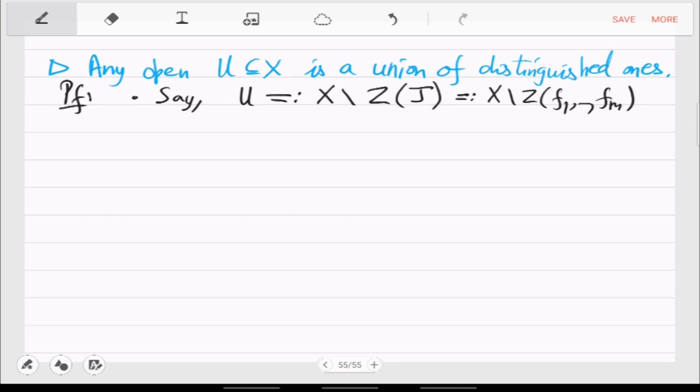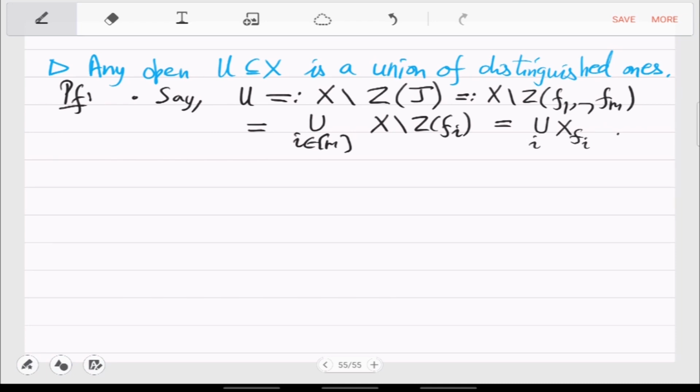And so another way to write this is, see, the zero set is an intersection, so the complement is a union. So you write it like that. So it is the union of X minus Z(fi), which is union of X sub fi.